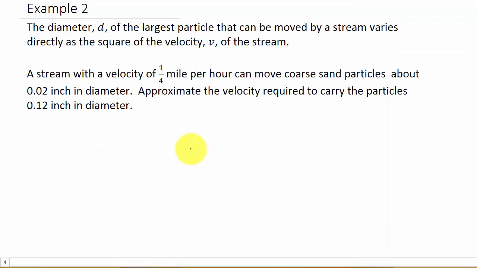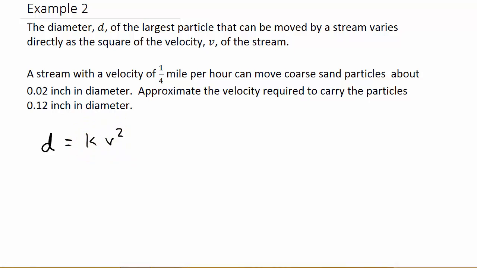It says the diameter d of the largest particle that can be moved by a stream varies directly as the square of the velocity v of the stream. So let's write our equation down. The diameter d varies directly as the square of the velocity, so that's d equals K times v squared.